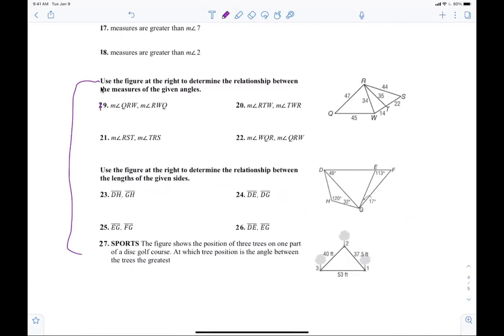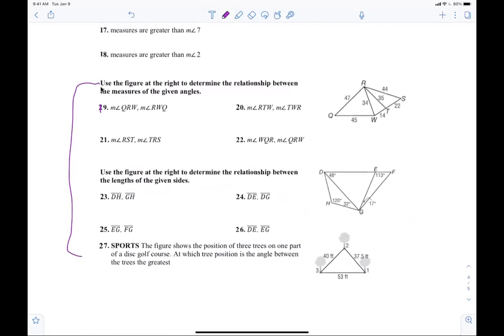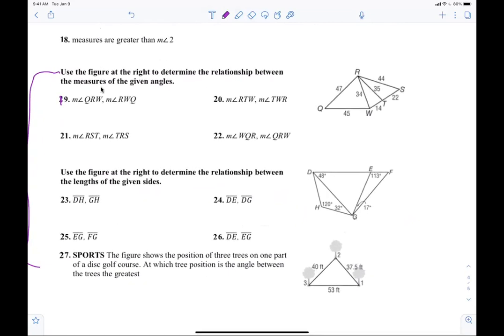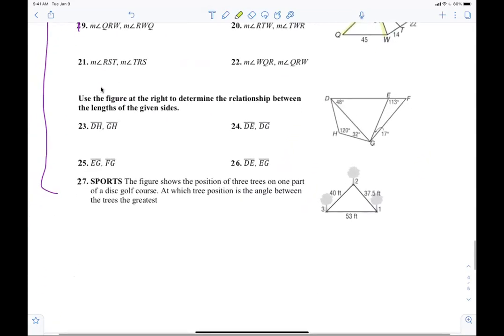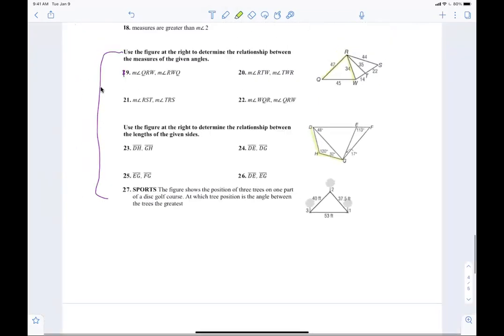So let's find QRW. And let's find RWQ. I don't care about those. Those are easy. Lengths to the given sides, DH and GH. Yeah, there's nothing hard here. Those are easy. I thought there might be something tricky at the end. All right, it's so obvious, in my opinion.